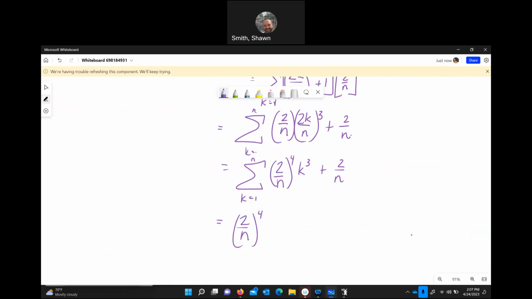That should be times the summation of k cubed plus another summation of this constant 2 over n, which could come out of just 1, as k goes from 1 through n.